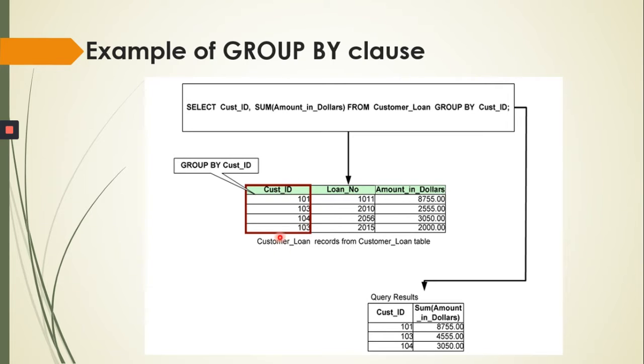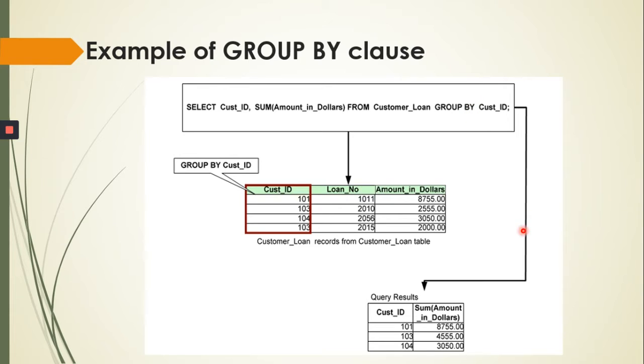Now we are using the aggregate function sum, sum of amount in dollars, so it will sum the amount in dollars, from which table? Customer loan. So from customer loan, group by, on which column? Customer ID.